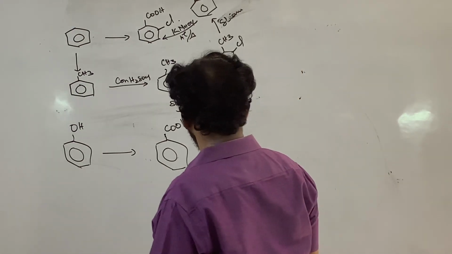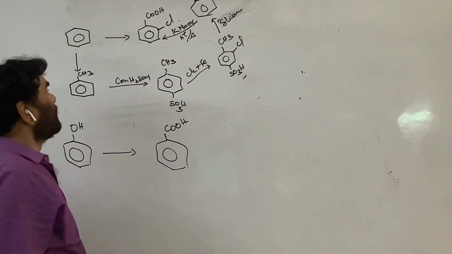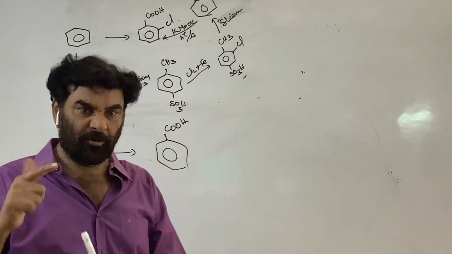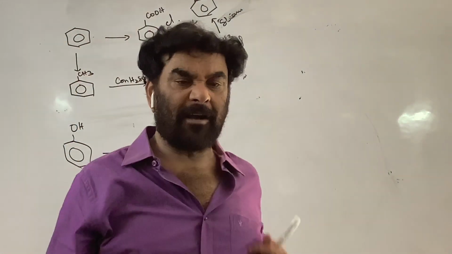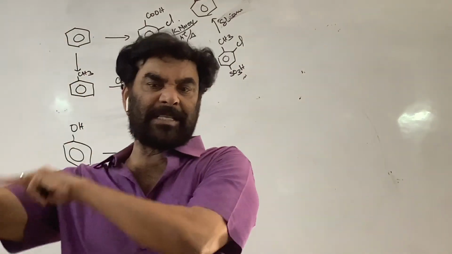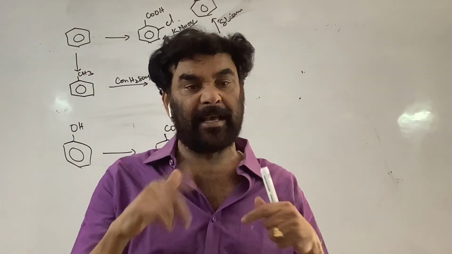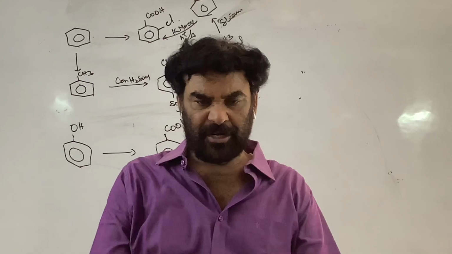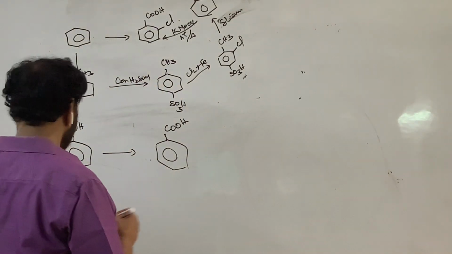There is no functional group interchange reaction here. If there is an aldehyde group, on oxidation it converts into the carboxylic acid. One functional group is converted to another functional group, that is called FGI, functional group interchange.